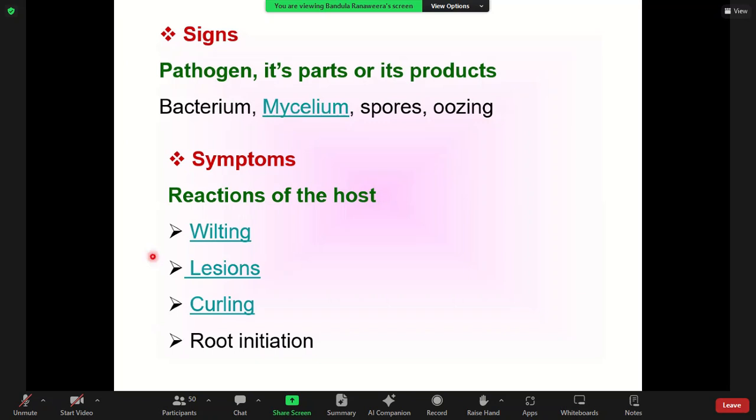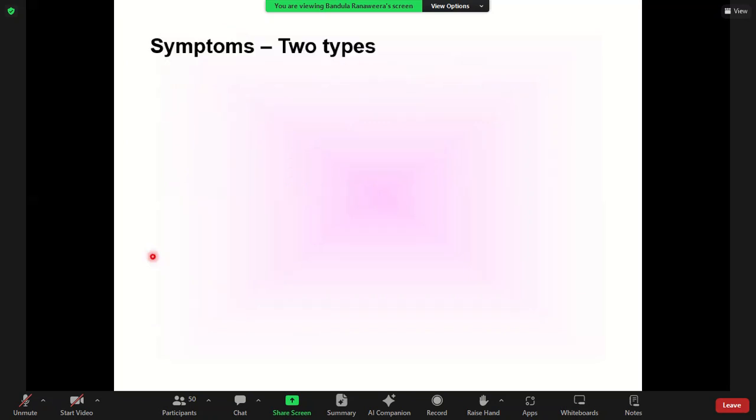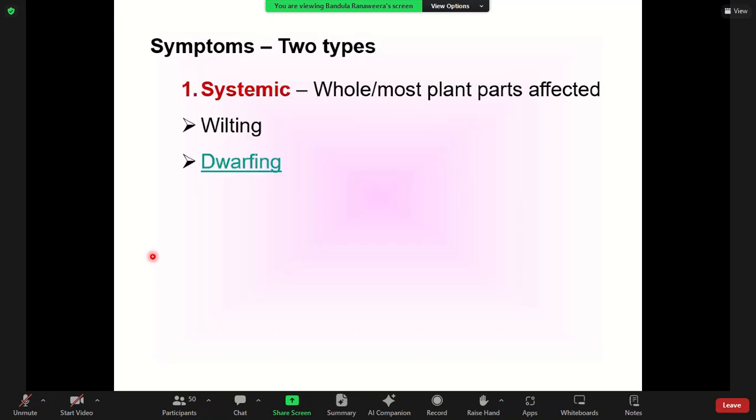or other changes. When you say symptoms, there are two types of symptoms of plant diseases. Systemic symptoms are symptoms appearing throughout the whole plant. Systemic symptoms mean the pathogen has spread throughout the whole plant, so the disease is systemic.